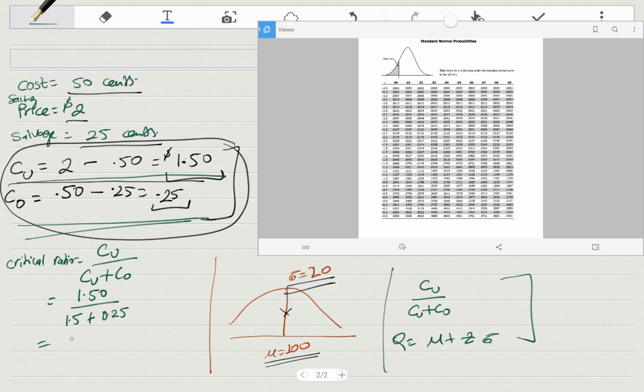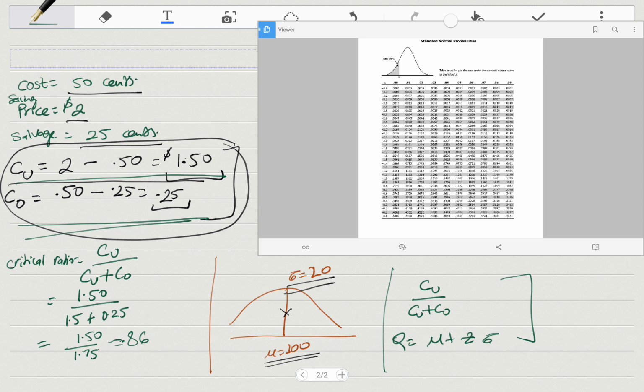So this is $1.50 divided by $1.75, which comes out to about 0.86.